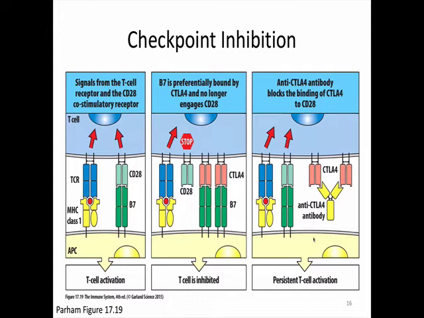The T cell cannot actually ever get that negative signal through CTLA4. It's blocked, so B7 always binds to CD28. This can be useful in tumor patients, where T cells stop killing tumors because those T cells get exhausted. So now we stop the T cells from getting exhausted by blocking this molecule that's involved in the exhaustion signal, CTLA4, and the T cells live happily ever after and are persistently activated.